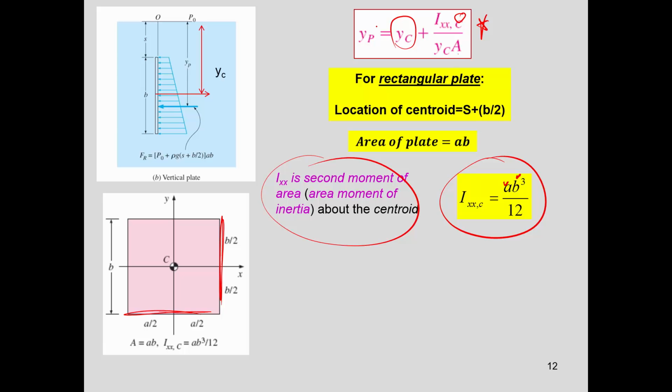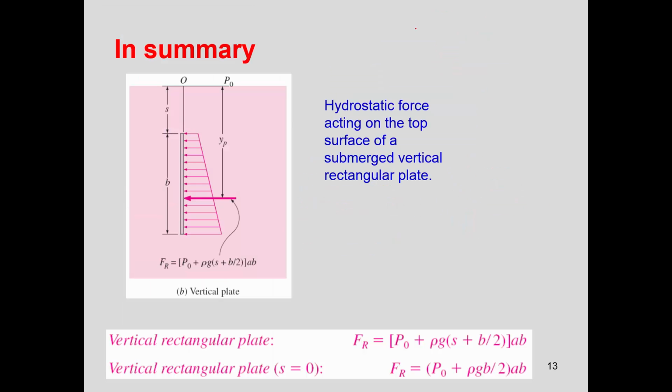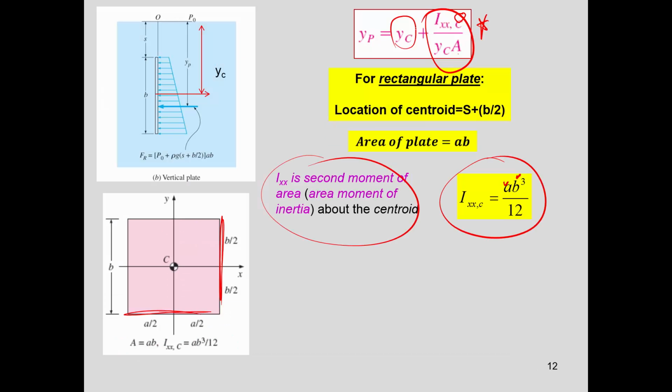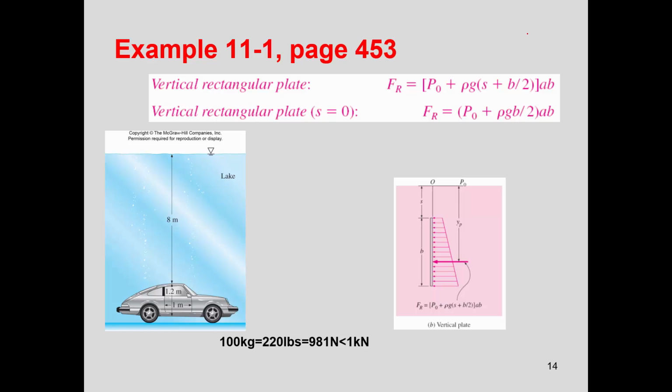What you need to remember is that if you do your calculations and you get a YP lower than YC, it's not possible, because it's always YC plus something else. So in summary, this would be the hydrostatic force. You calculate the magnitude at the centroid of the plate. The location is YP, and this is the equation you use, and this is for vertical plates.